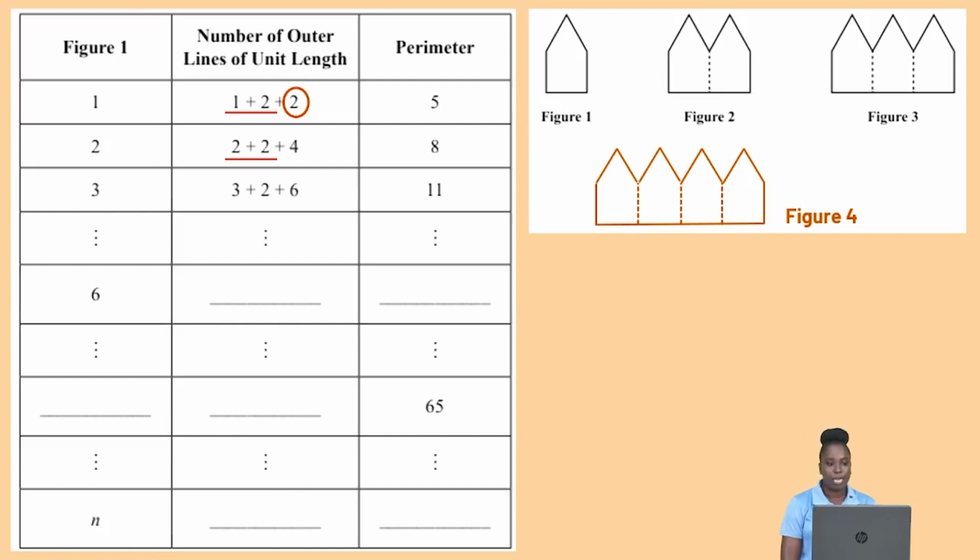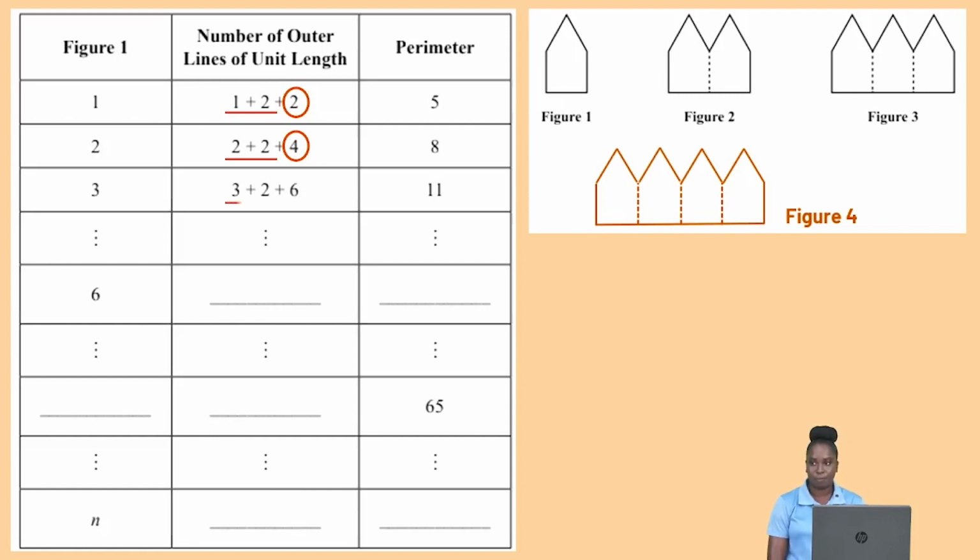So if we look at the first row, figure 1, and the second figure, we'll notice that the first digit seems to be the figure number, and the second digit is consistent. But then the third digit, which is circled, we have 2 and 4. Well, let's see if we can come up with how those came about.